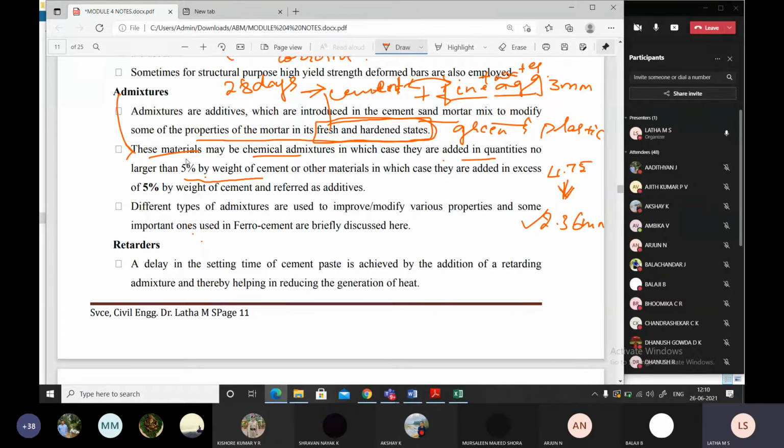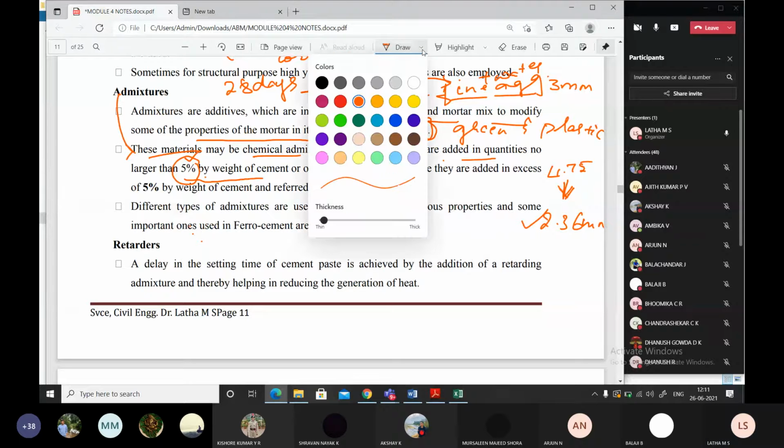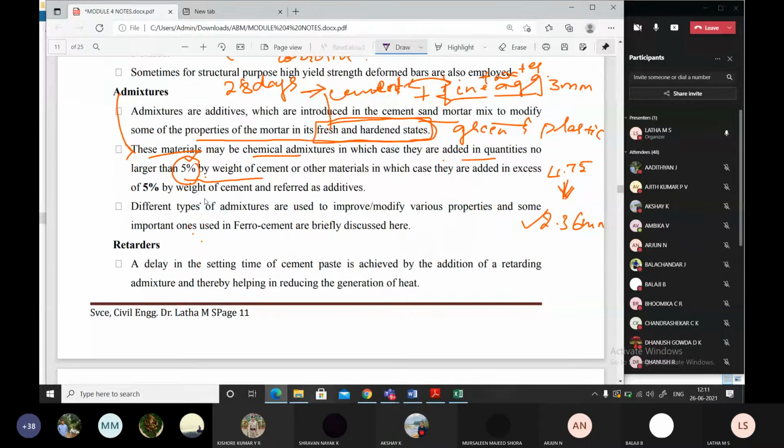So what is the allowable percentage of admixture, students? 5%. 5% by weight of cement. Correct. Very good.